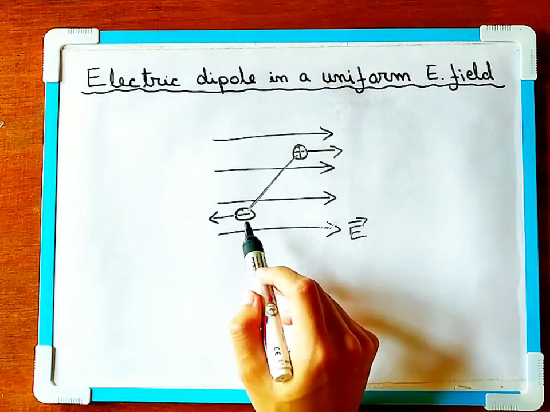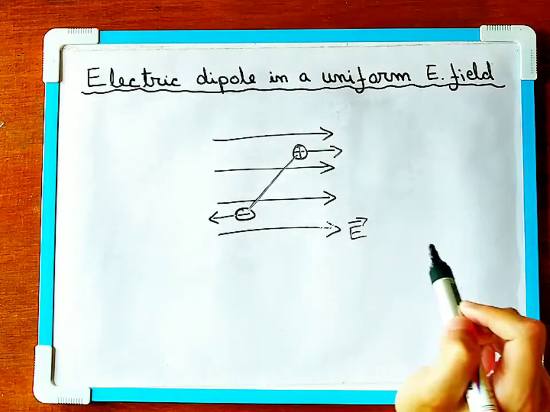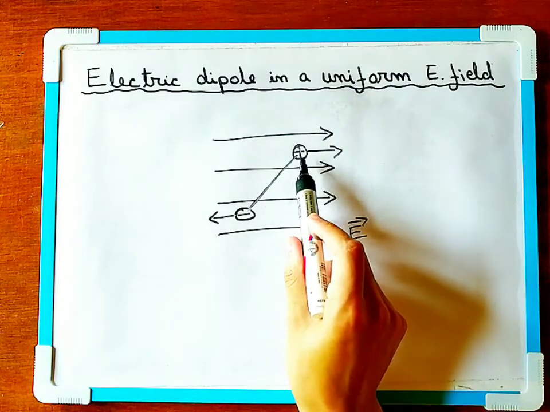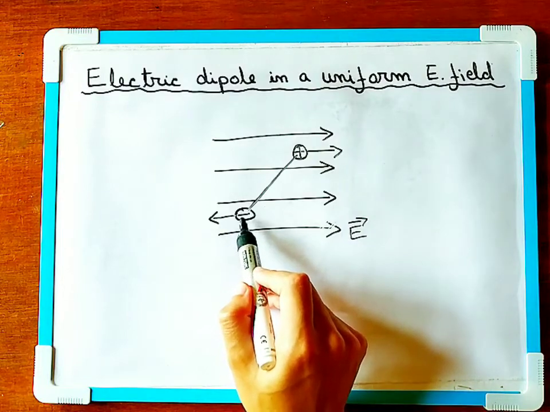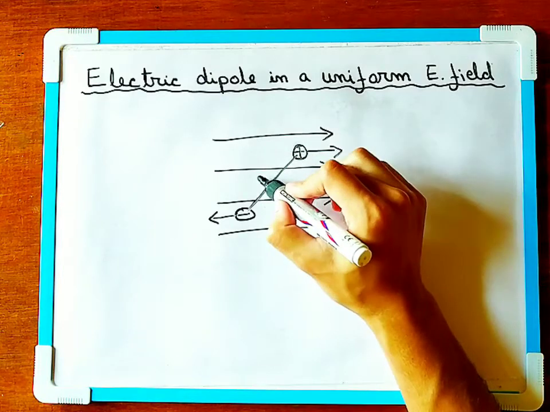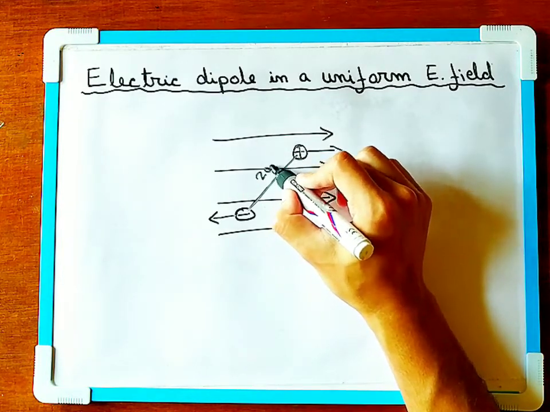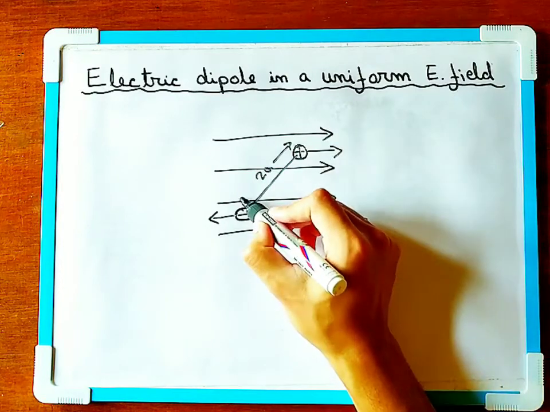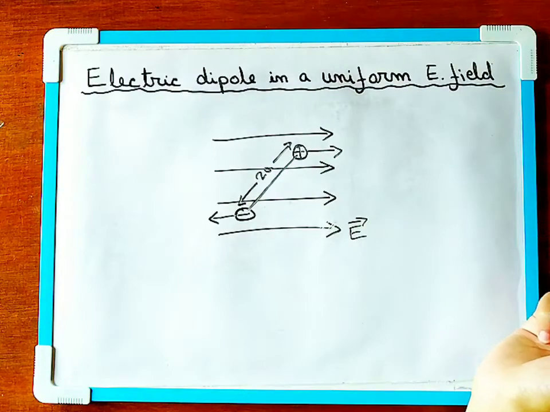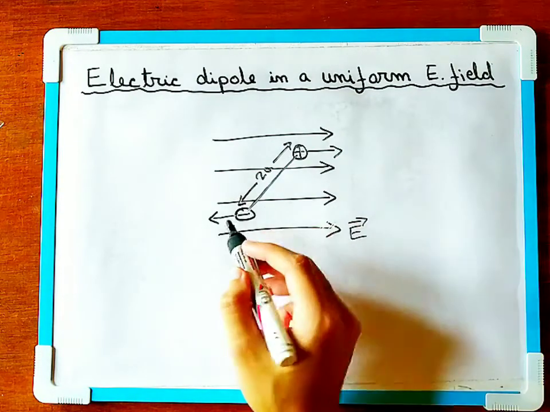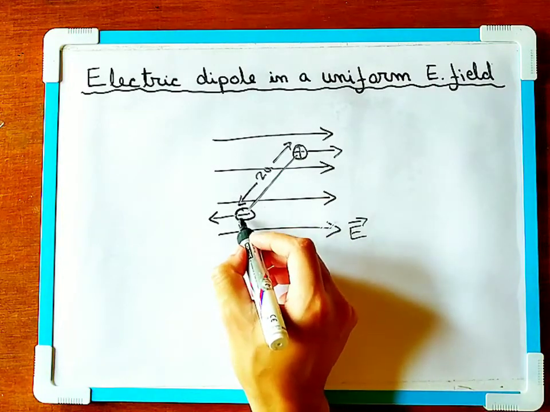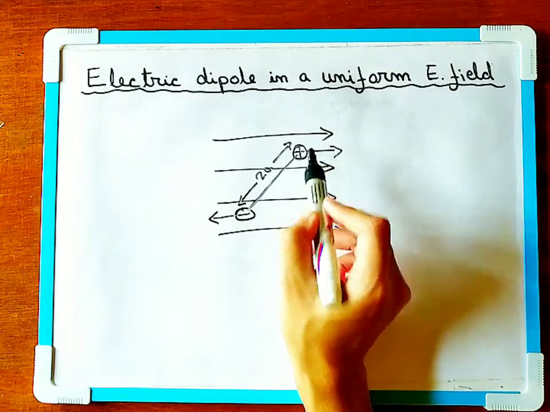So here we have an electric dipole placed inside a uniform electric field E. The positive charge experiences a force in this direction and the negative charge experiences a force in this direction. Say the electric dipole has a dipole length 2a. So this is the dipole length. And say Q is the strength of this charge, and here minus Q is the strength of this charge.